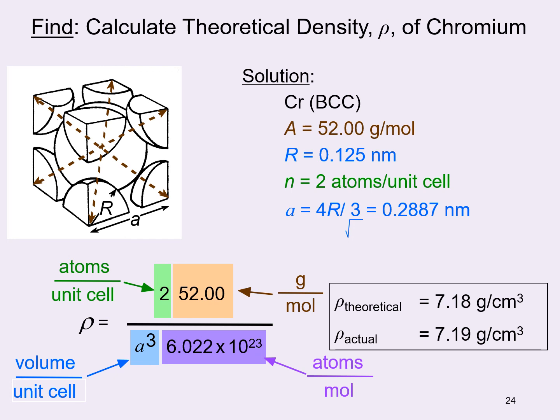Here's an example. The question is, find the theoretical density of chromium. So our solution: we know that chromium is a body-centered cubic structure, the atomic mass is 52 grams per mole, the atomic radius is 0.125 nanometers, we have 2 atoms per unit cell, and a equals 4R divided by the square root of 3, and that equals 0.2887 nanometers.